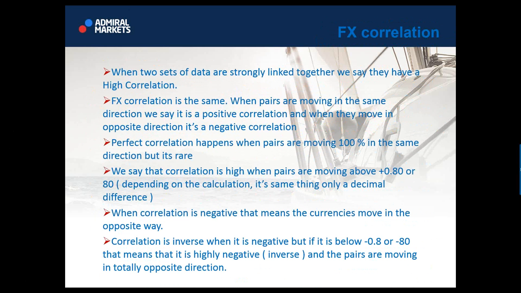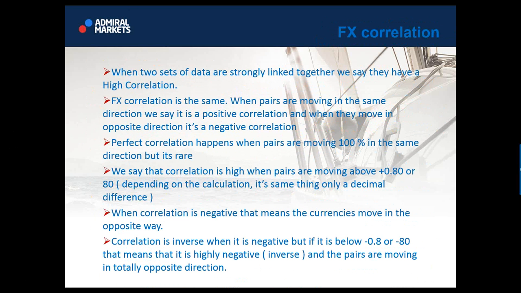Perfect correlation happens when pairs are moving 100% in the same direction, but as we can see, it's very rare. Okay? We say that correlation is high when pairs are moving above 80. We use Admiral Markets Supreme Edition, so it will show 80.